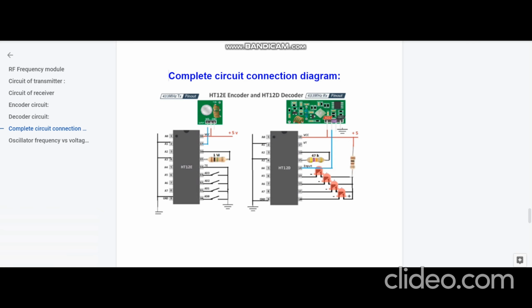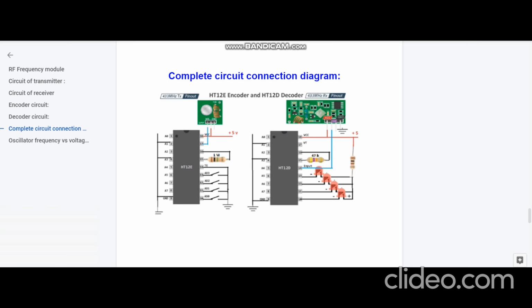I am using 33 kilo ohm as my crystal oscillator is a 315 kilohertz frequency generator. If you are using 433 kilohertz, then you will need a 47 kilo ohm resistance, same as in the diagram.